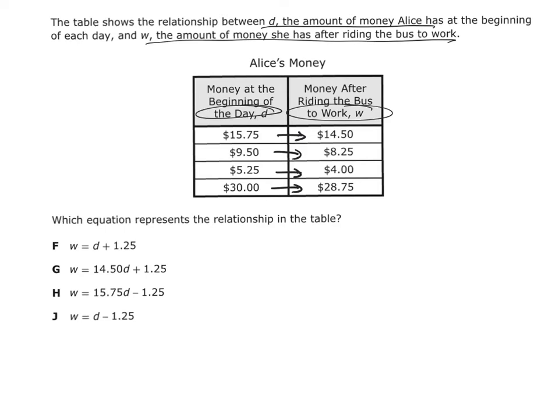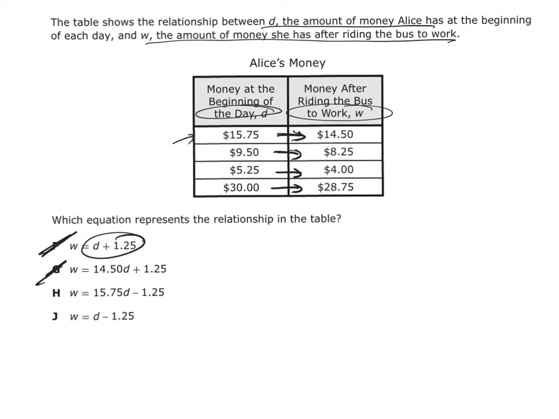Right here, if you add $1.25 to this, it's not going to go down. So F is eliminated. Also, multiplying and then adding, you're way adding to that, so it can't be G. Look, we've already gone down to a 50-50 shot just by knowing that this is going down.